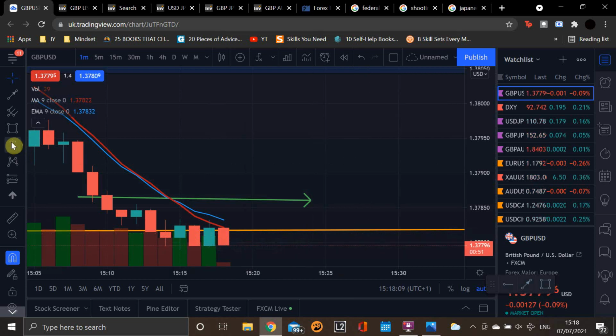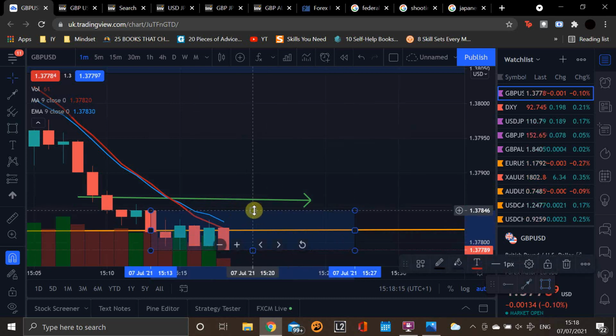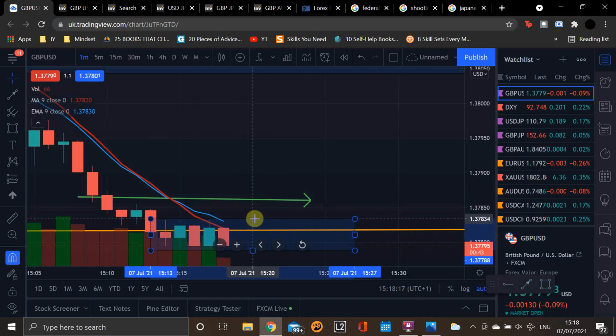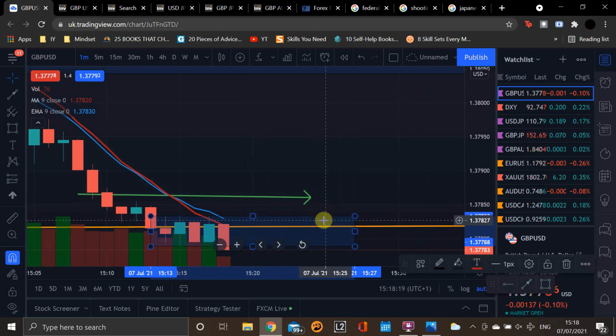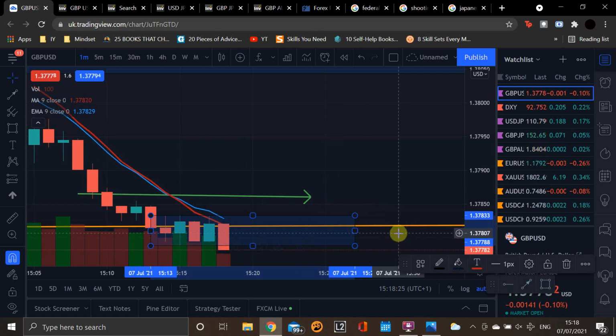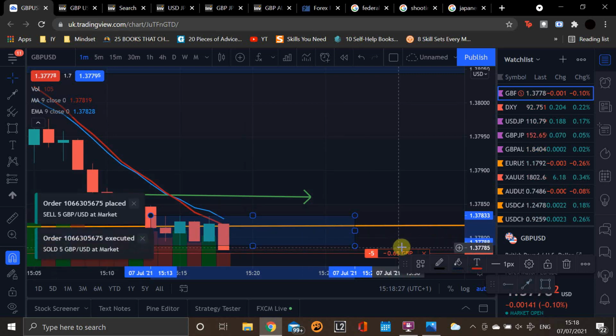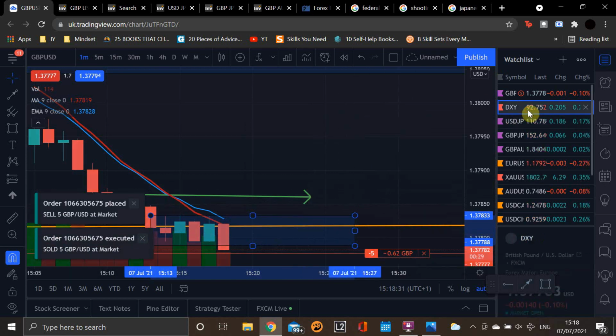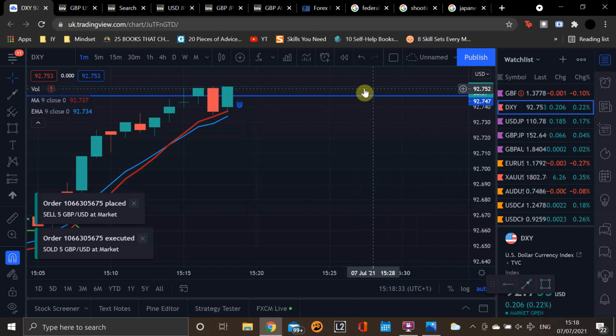Looks like a box going on here. Consolidation. Yeah, get in again. Yeah, it's breaking out.